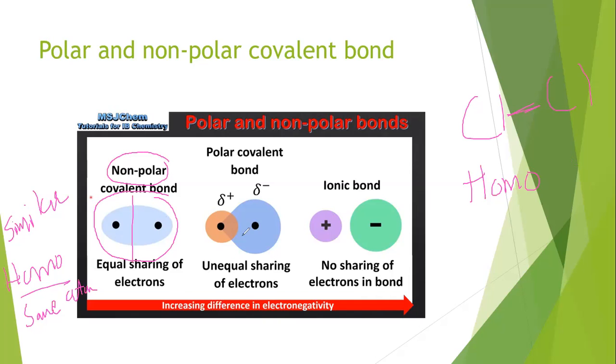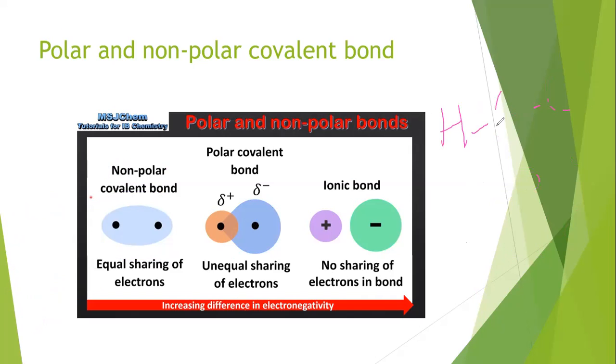But if there is unequal distribution between two bonded atoms, for example heteroatoms, hetero meaning different, for example HCl, where one is hydrogen and one is chlorine, and the covalent bond is between two heteroatoms, then due to the difference in their electronegativity, electrons are unequally distributed between these two bonded atoms.